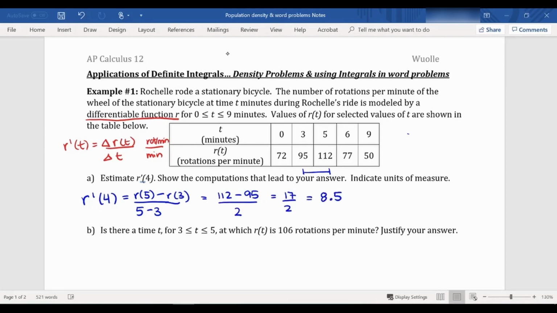And then the question is, indicate units of measure. Well, the top has a units of measure of rotations per minute, and the bottom has a measure of minutes. So this is rotations per minute, or 8.5 rotations per minute squared. Either one of those.